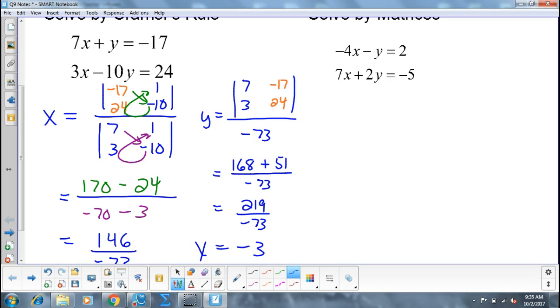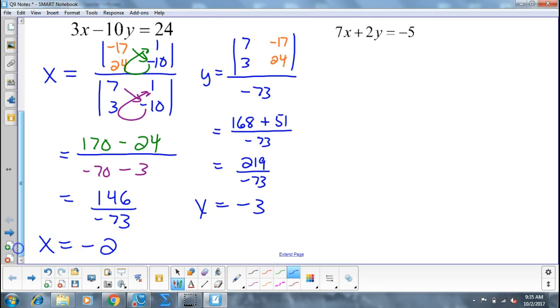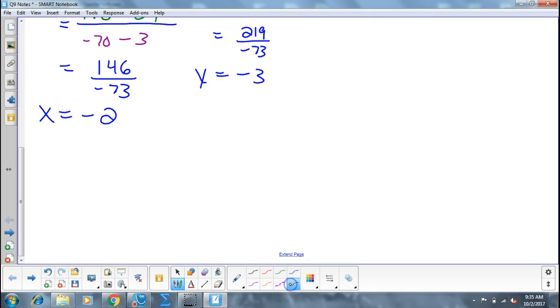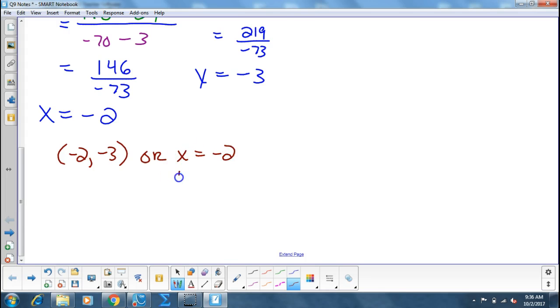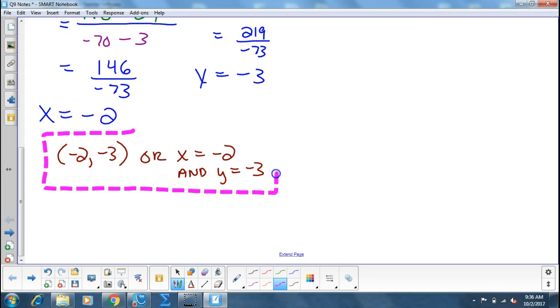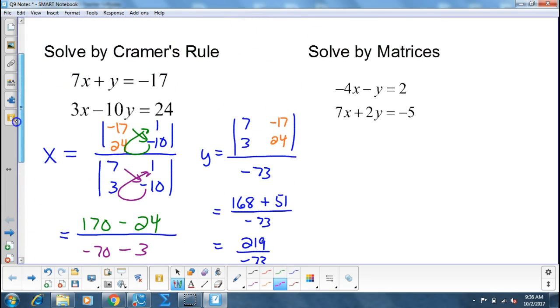Agree? So we get either the point negative 2 comma negative 3, or x equals negative 2 and y equals negative 3. Yes? Okay. All right.